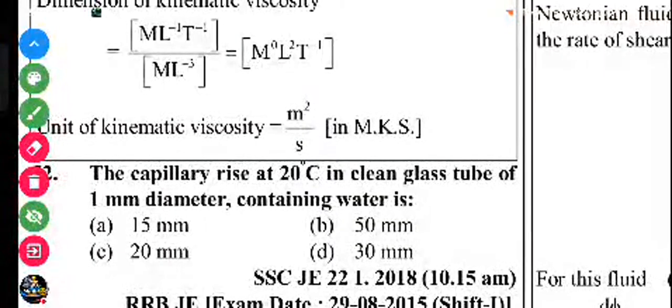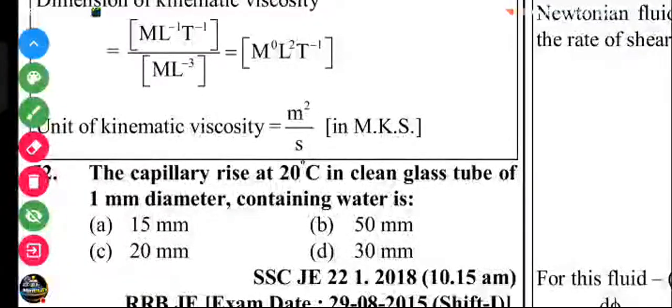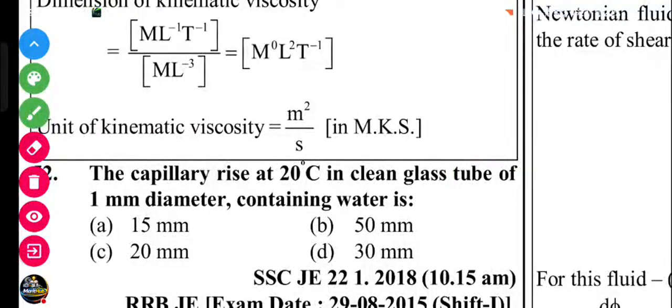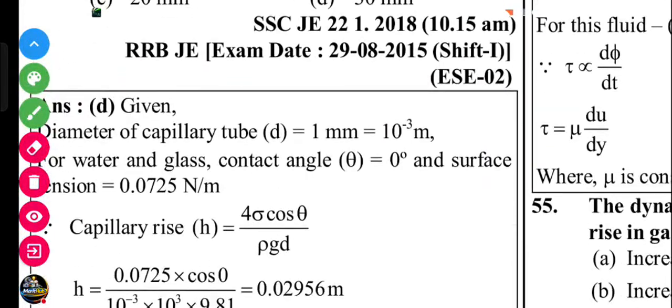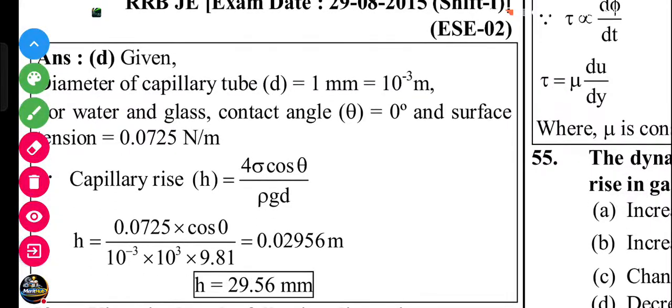The capillary rise at 20 degrees centigrade in a clean glass tube of 1 mm diameter containing water is. Capillary rise equals 4 sigma cos theta by rho g d. If you put it there is the explanation, because the value is small here, so it is not possible to calculate by eye.